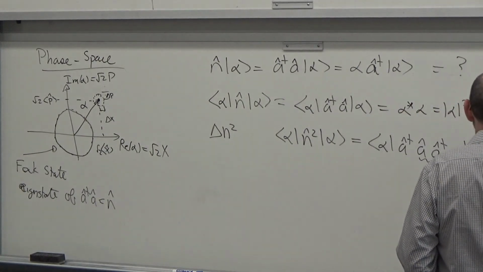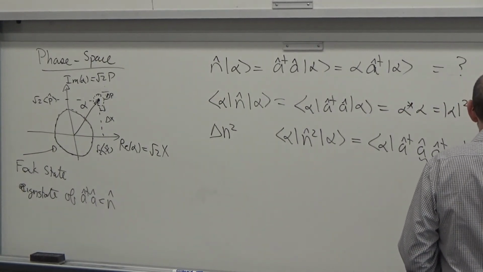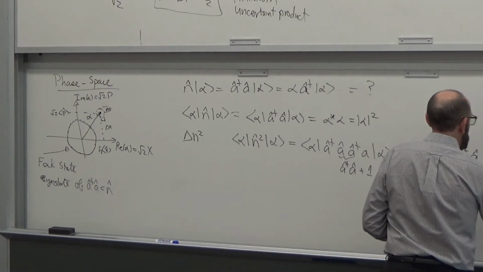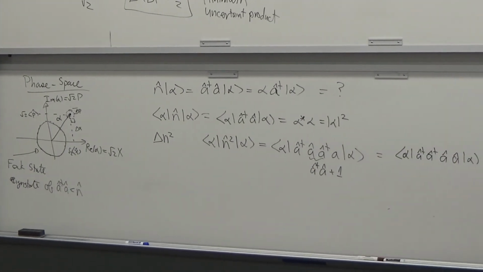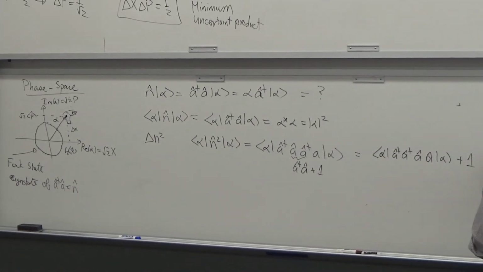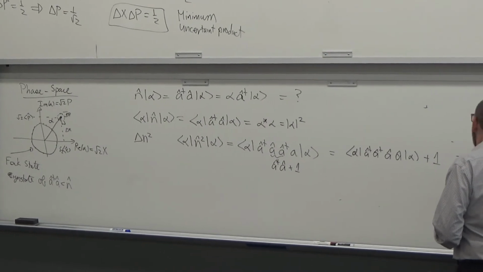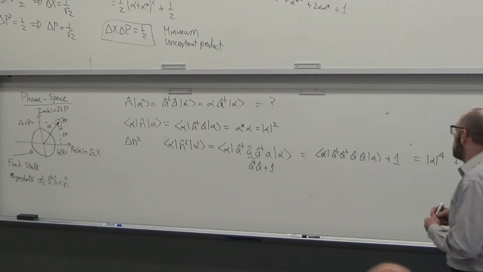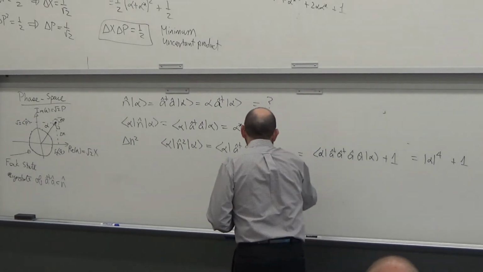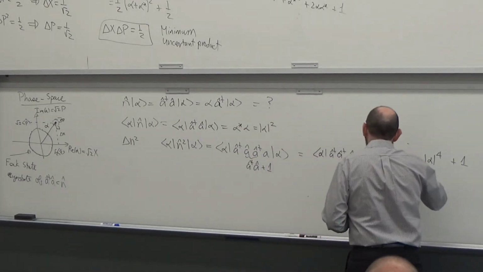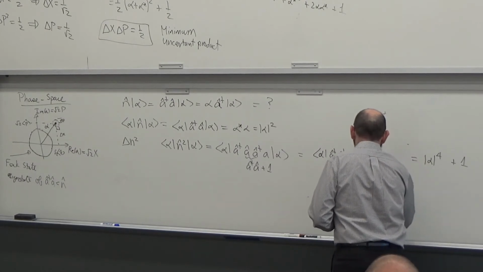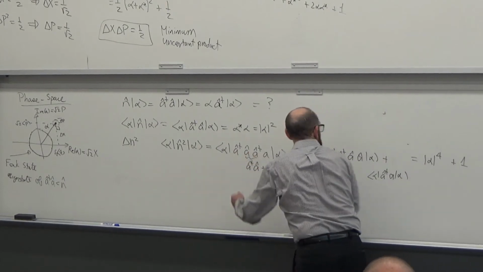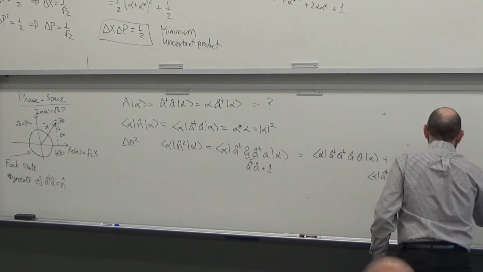So I have a dagger a plus 1, which is alpha to the 4th plus, no, I have this guy, excuse me. The one here gives me a dagger a, so this is plus alpha squared.